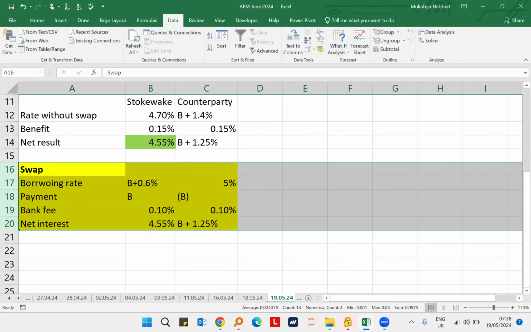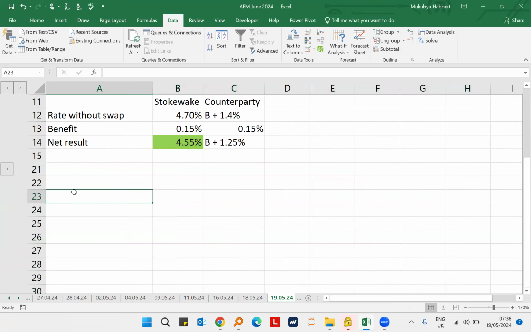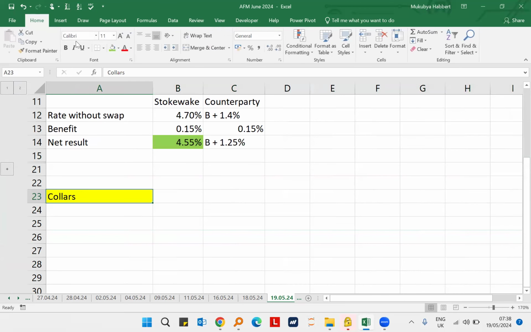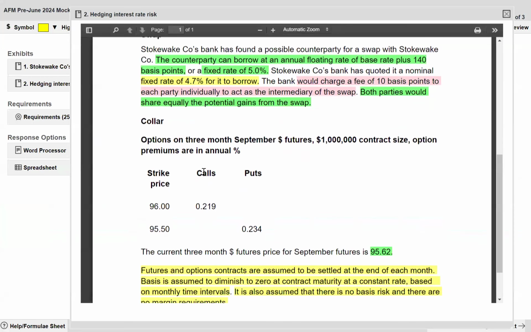So let us go to the other one, the collars. So now when you look at the collars, they've given us some kind of options.